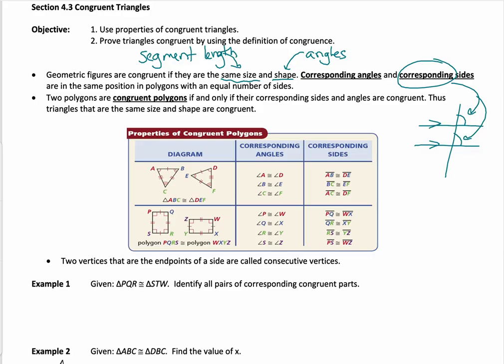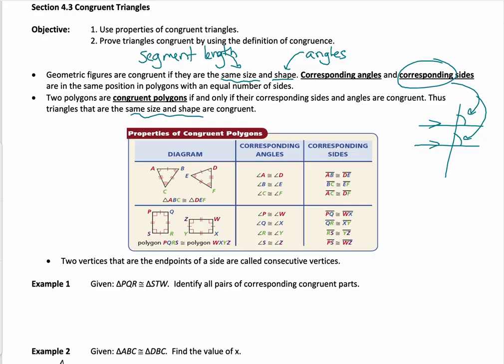So a polygon is congruent to another polygon if all of the sides that match up across the two polygons are the same length, and if all of the angles that match up across the two shapes are the same angle measure, okay? That makes the shapes themselves congruent. That's what we mean when we say same size and shape: this matching up of sides and angles.